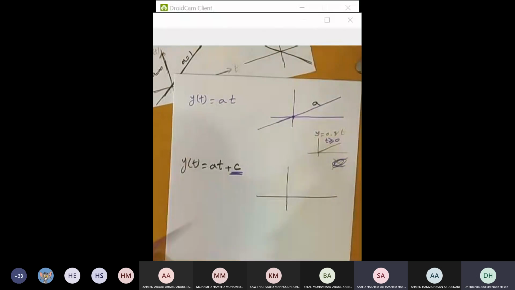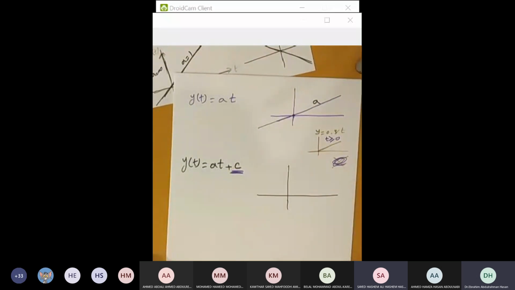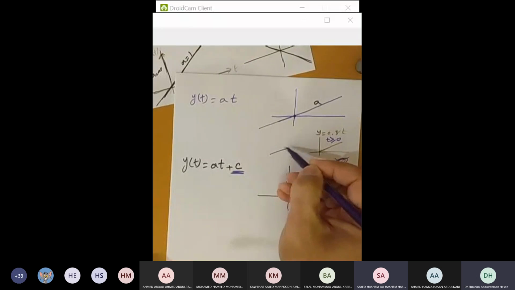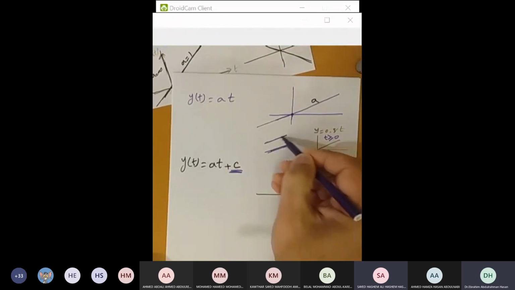But same slope. Which means that if I say plot the line of 2t, and the second line is 2t plus 5, then they should be parallel. Why? Because the slope is exactly the same. One starts from the origin, and the second one will be here. But they must be parallel.